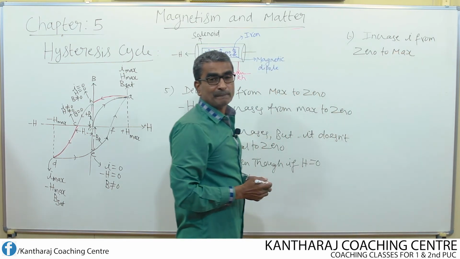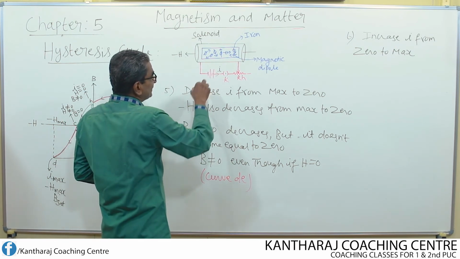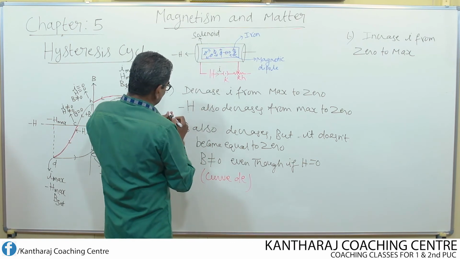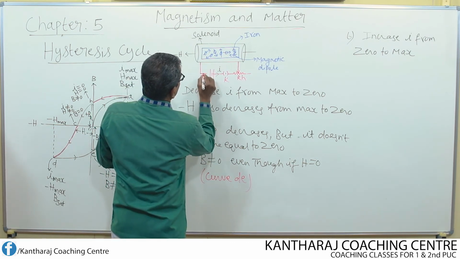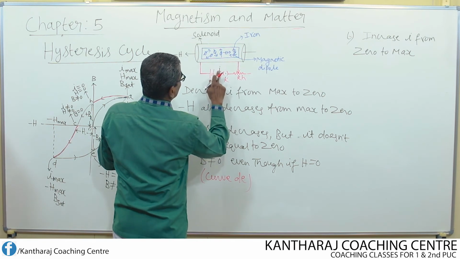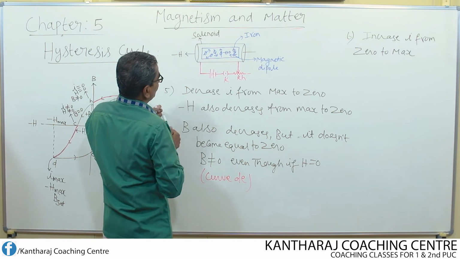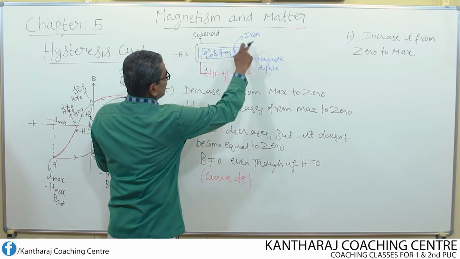How do you increase? By reversing the direction. How do you reverse the direction? Once again, connect this terminal to positive and this terminal to negative. Now the current starts flowing as usual in the original direction, that means clockwise.